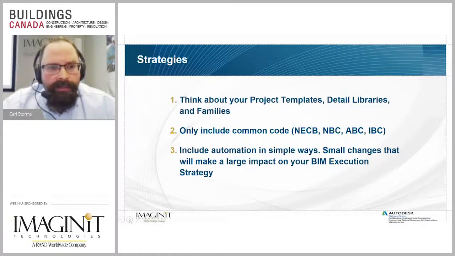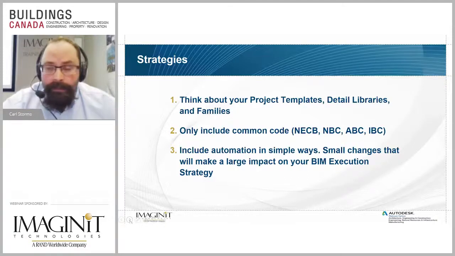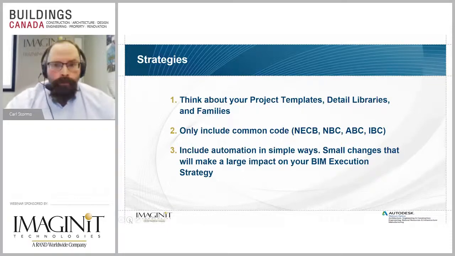And as we get that process down and in place, we move things by having detailed libraries with intelligent information in our families. It's not only the models themselves that have the ability to have all this intelligent and rich analytic data in it, the families themselves that we use have that ability as well. You want to make sure you stick to your common codes.